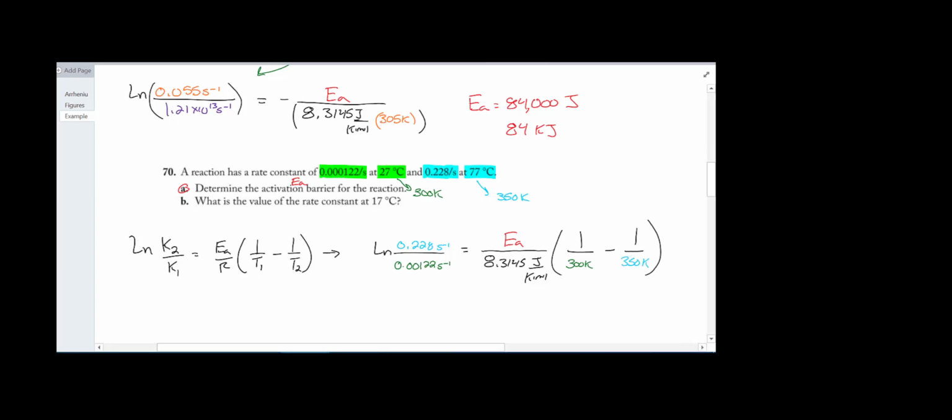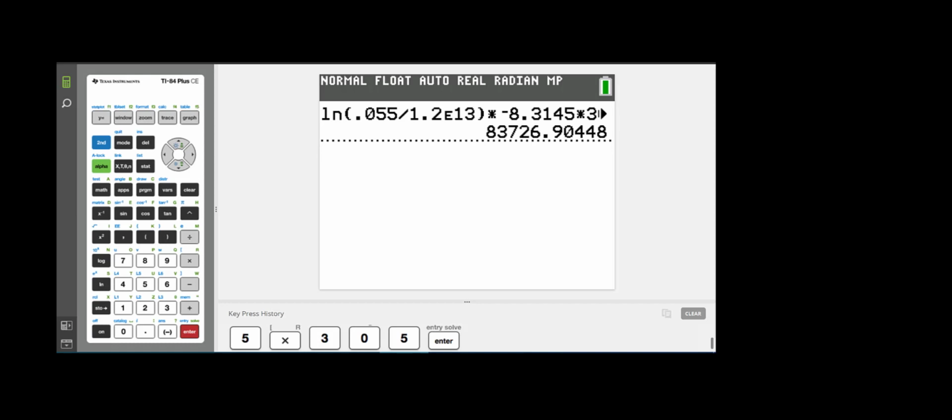Okay, so how do I solve this? Well, calculator. Do the natural log first. So natural log of 0.228 divided by 0.00122. I missed the 0. All right.